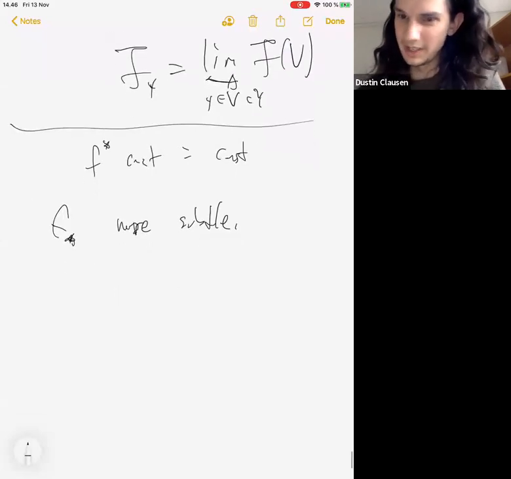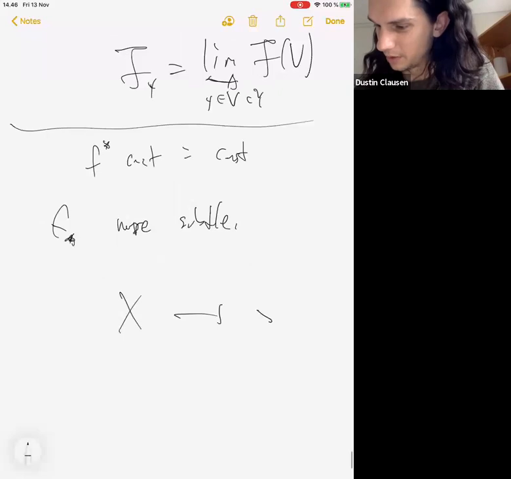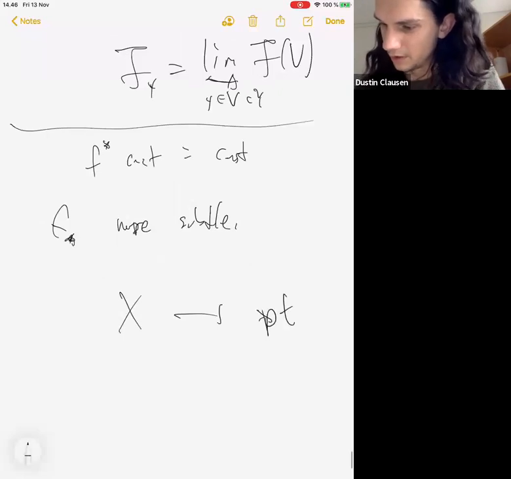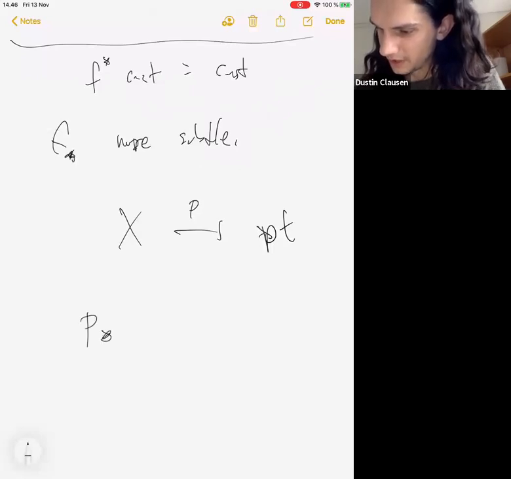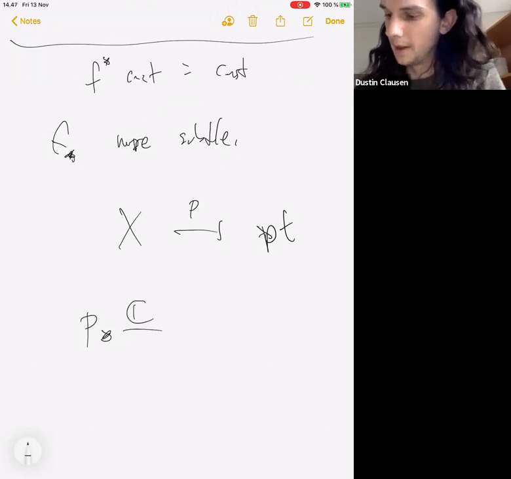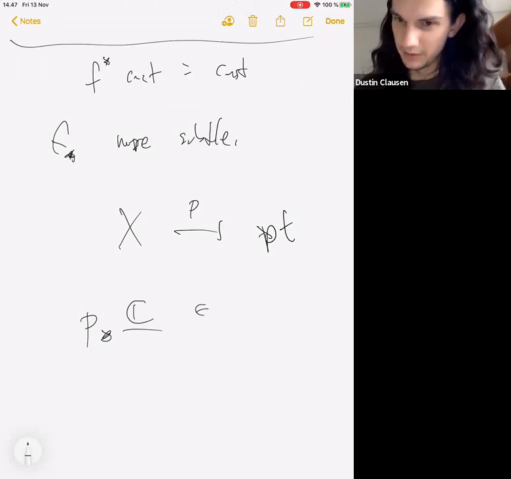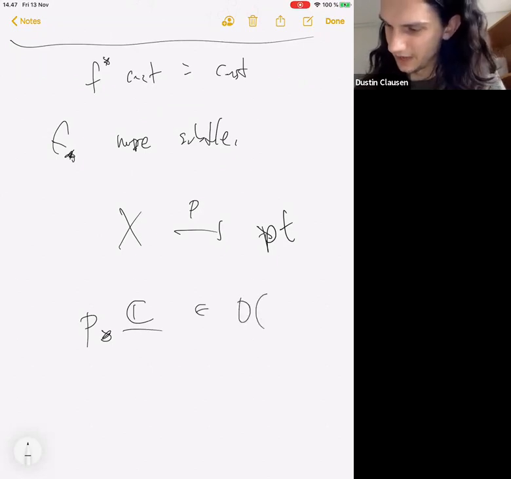So the most basic case is when you have X mapping to a point, and then we have the projection P. If you take P lower star of the constant sheaf, I'll say work with C vector spaces, then this is an element in the sheaves on the point with values in the derived category.